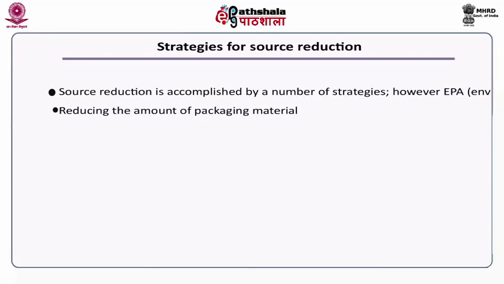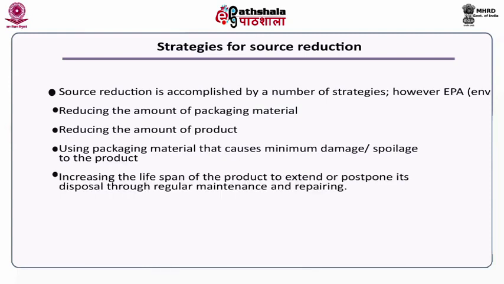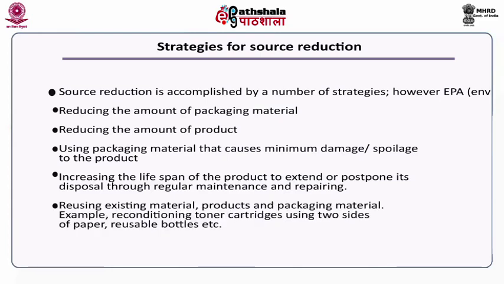Reducing the amount of packaging material, reducing the amount of product, using packaging material that causes minimum damage or spoilage to the product, increasing the lifespan of the product to extend or postpone its disposal through regular maintenance and repairing, and reusing existing material, products and packaging material are some of the examples identified by the Environmental Protection Agency. Examples of this can be reconditioning a toner cartridge, using two-sided paper or using a reusable bottle.